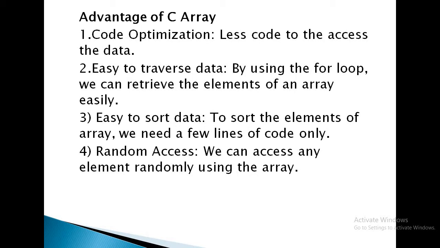Third, to sort the elements of an array we need only a few lines of code, for sorting in ascending or descending order, whatever we need. And data can be accessed randomly from any element using an array.